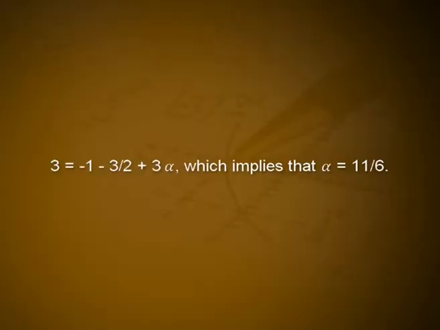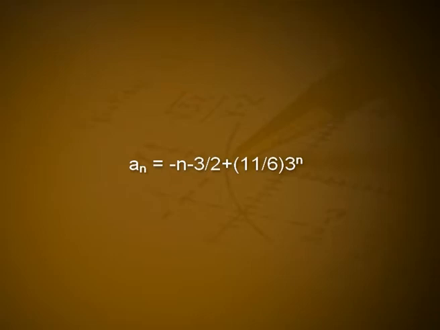We find that 3 is equal to minus 1 minus 3 by 2 plus 3 into alpha, which implies that alpha is equal to 11 by 6. The solution we seek is an is equal to minus n minus 3 by 2 plus 11 by 6 into 3 raised to n.